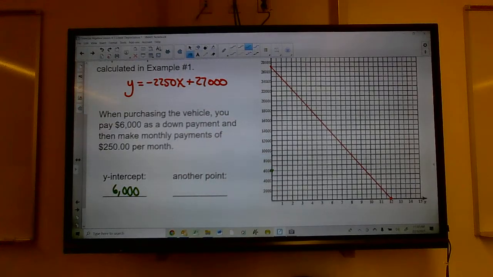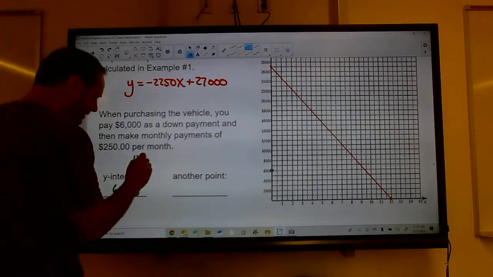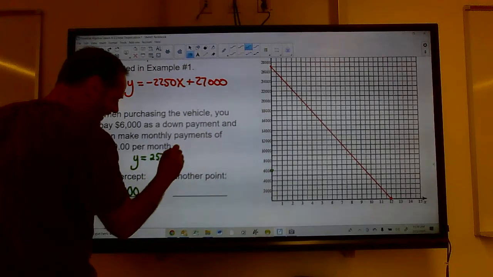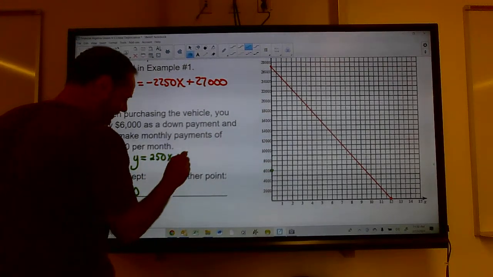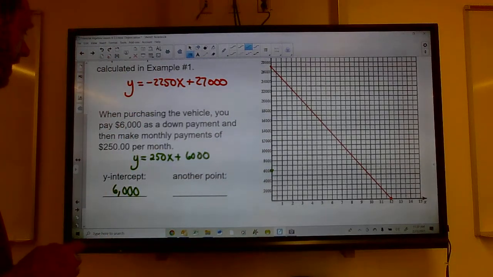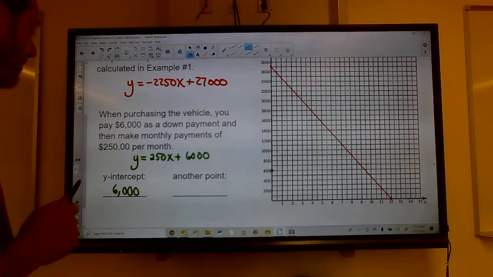Here's what you can do. Here's your equation. It's going to be y equals 250 times x plus 6,000. Actually, that's going to be per month.